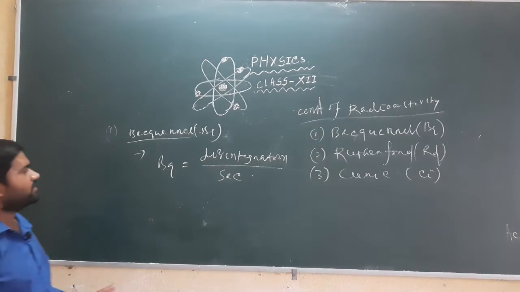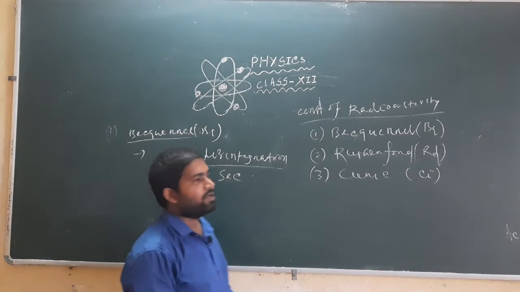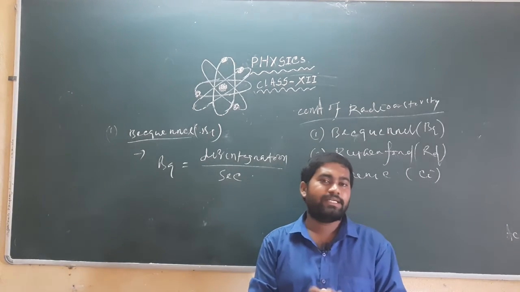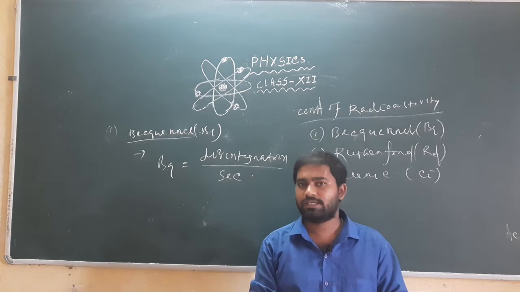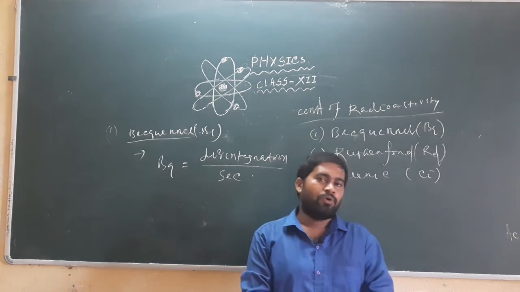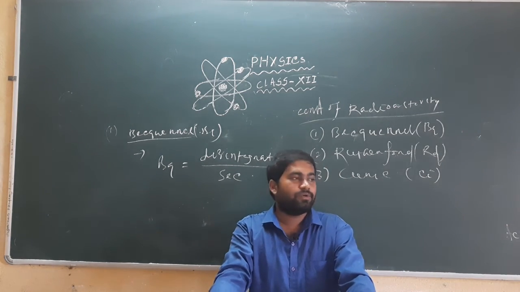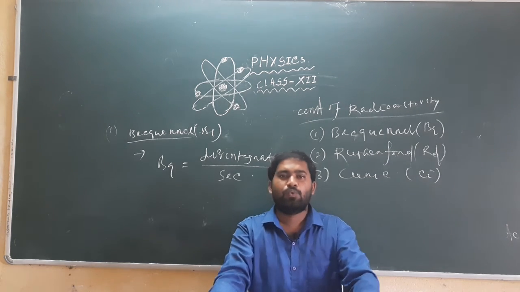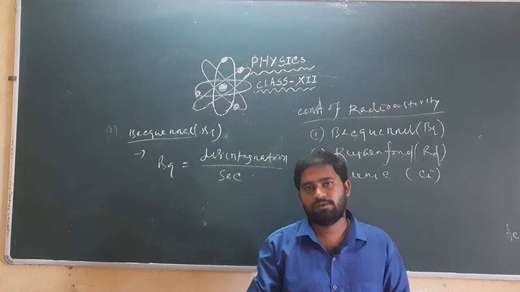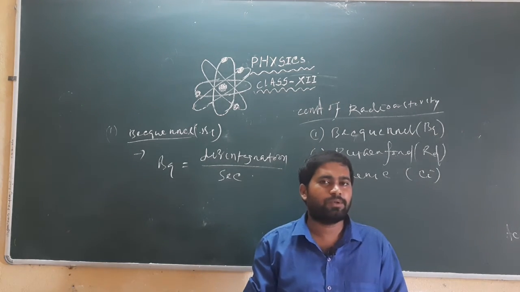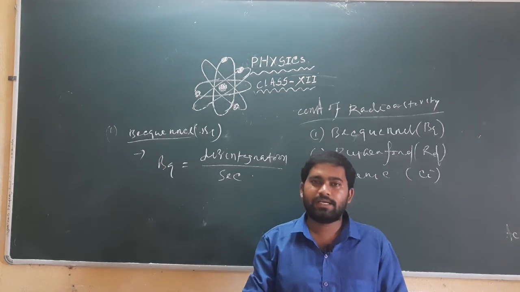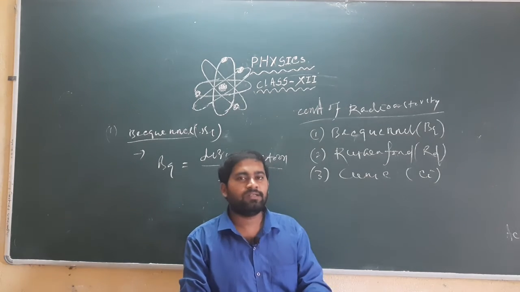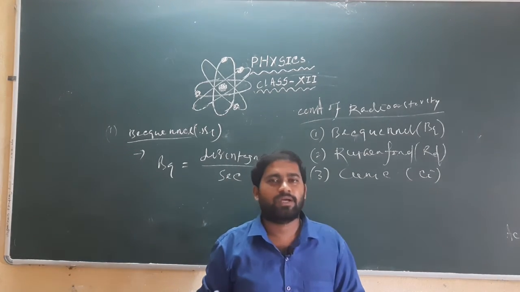One can define 1 Becquerel as follows: if from any radioactive sample we measure the decay rate as 1 disintegration per second, then it is called 1 Becquerel.